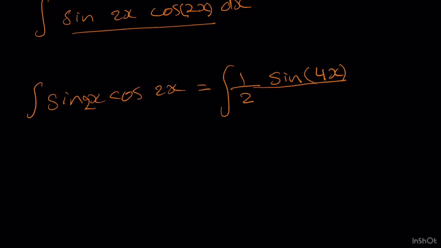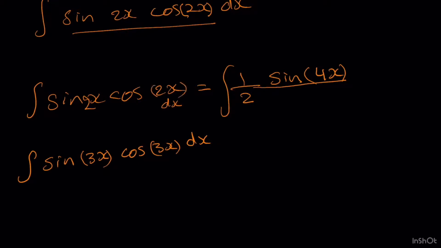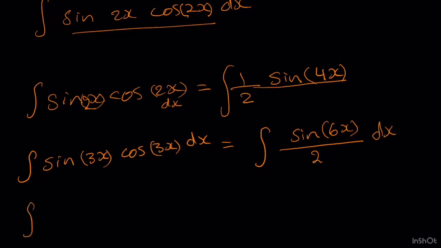If your question was integration of sine 3x cosine 3x, and of course you should have dx in all of them when you have the integration, then you will use the formula of sine, double your 3x, which is 6x, divided by 2, dx. I hope you understand this now.